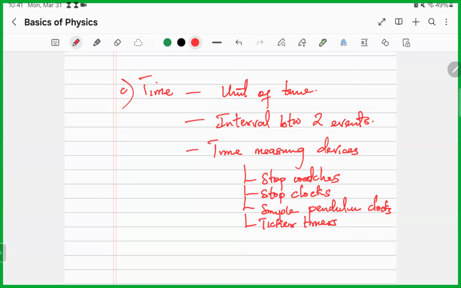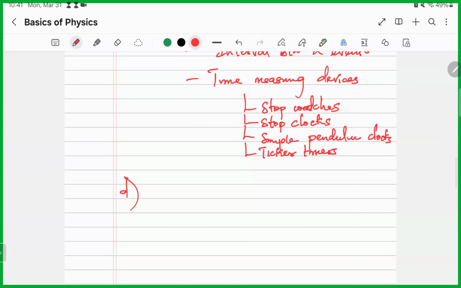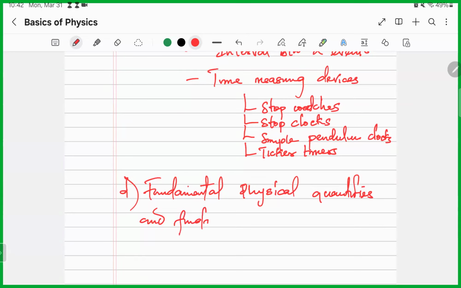So pay attention to the most important things. When you talk about physics, we also talk about fundamental physical quantities and fundamental units. We are going to talk about that.